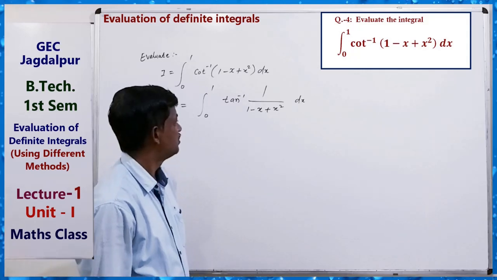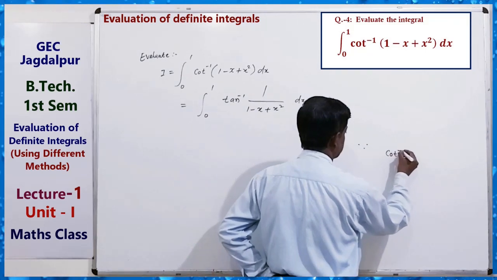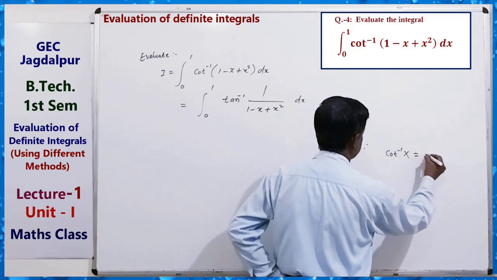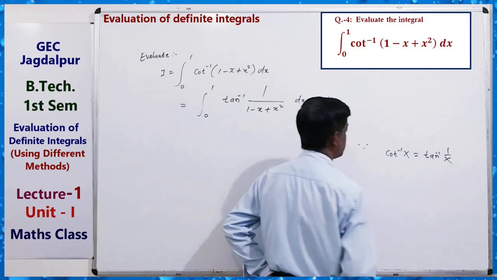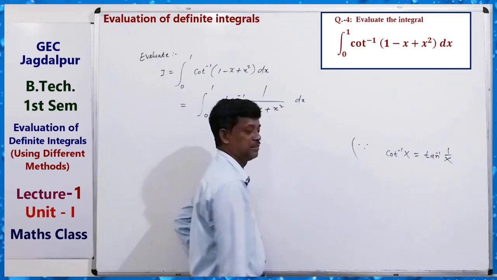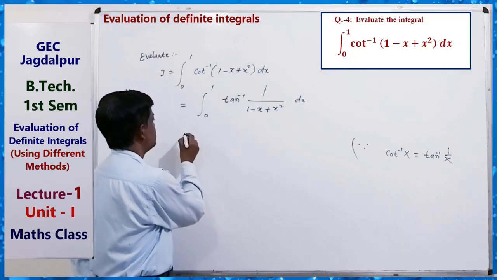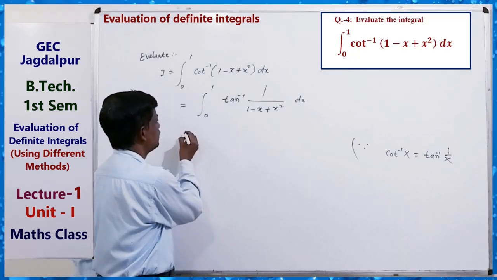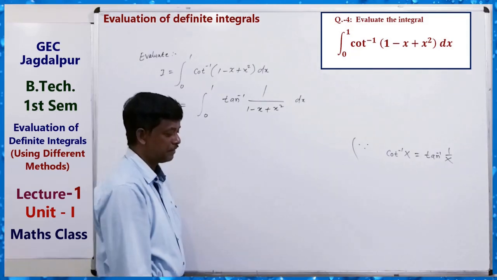Since cot inverse x equals tan inverse 1 by x. Okay? Now, this is equal to I. Clear?